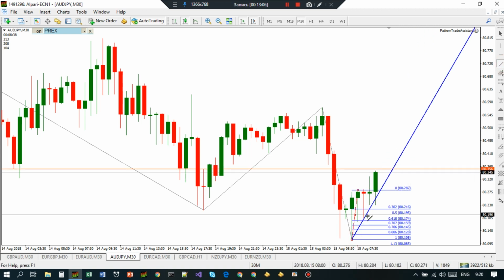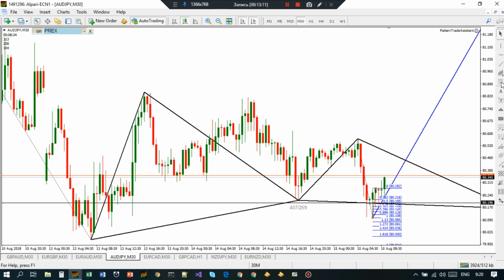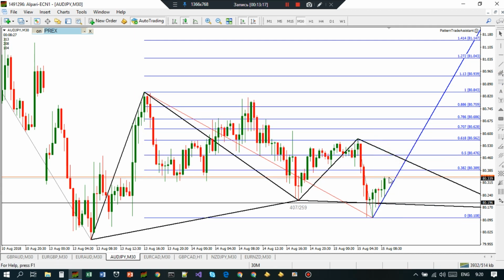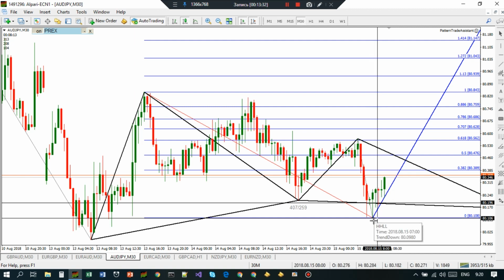So what we have right now is this movement, and it should hit 618 of this movement. If it reaches 618, then it's okay. If it breaks the trend lines, then you need to exit that and wait for a re-entry lower than this low.